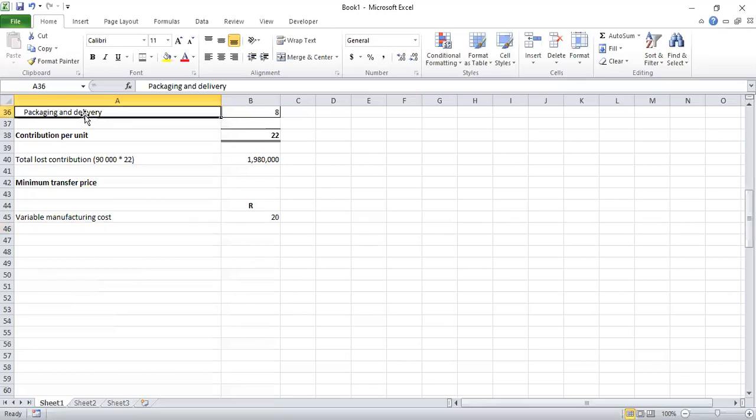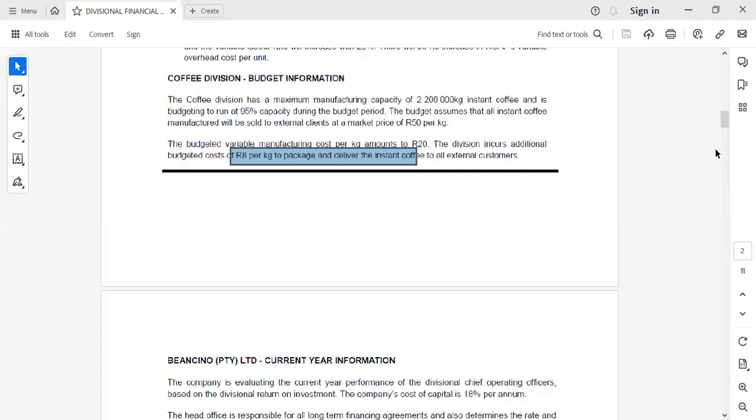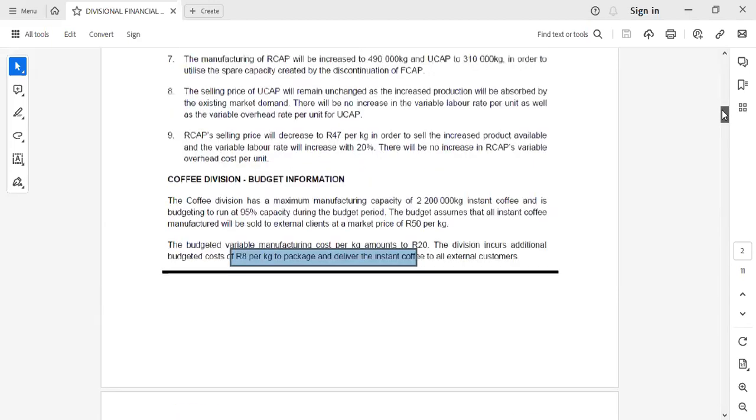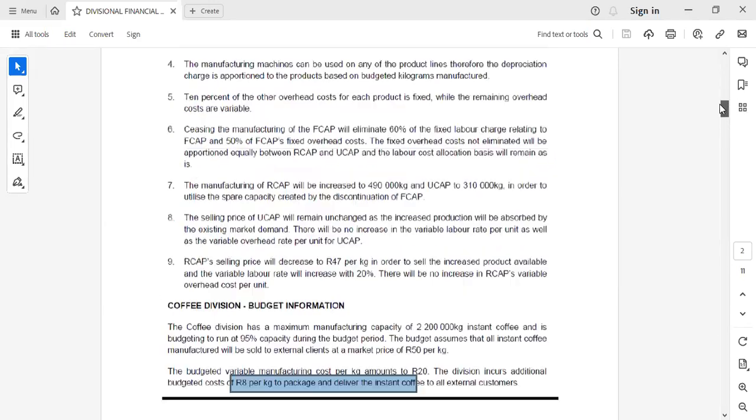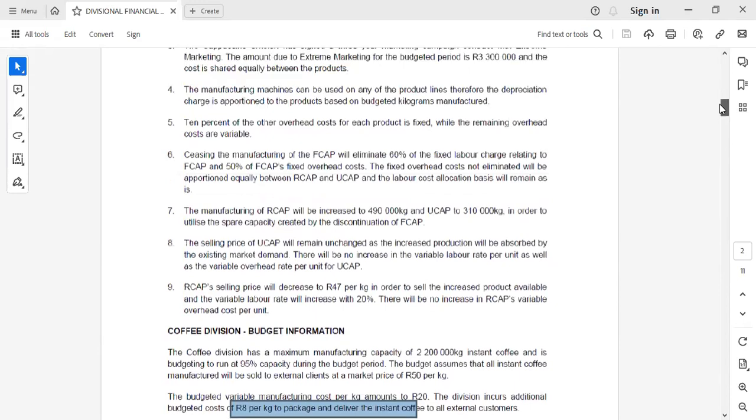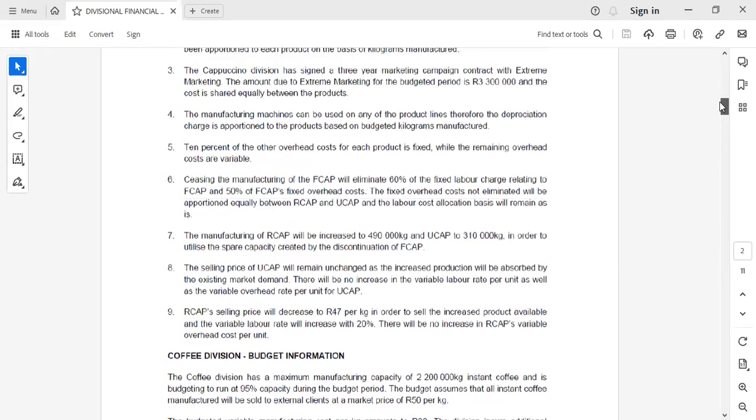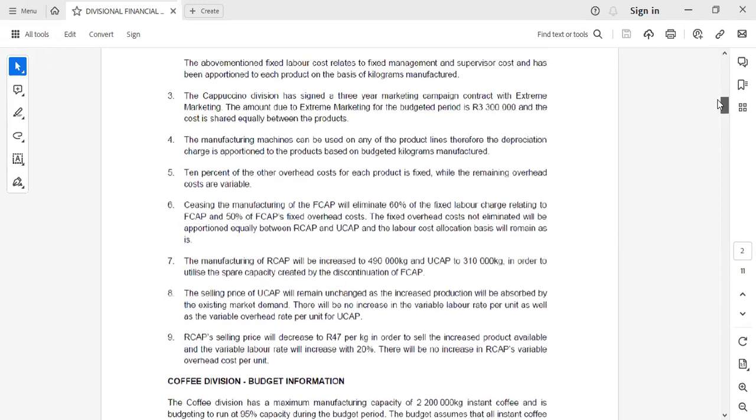The packaging and delivery, we have to understand, are they packaging and delivering to their fellow sister company? Because you might be told that there might be no need for delivery to the sister company.